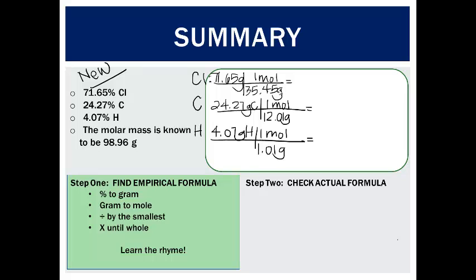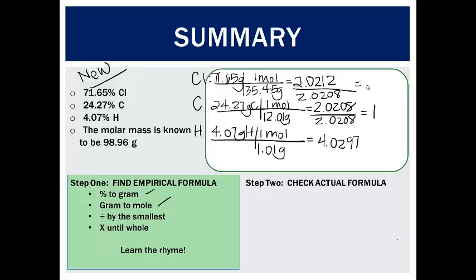Alright, so we put these in our calculators, and remember, you're going to want to record your answer to 4 decimal places. Alright, I get these 3 numbers. We have done percent to gram, gram to mole, divide by the smallest. So we look, the smallest number is this 2.0208, which will give us 1 when we divide. This number is going to give me very close to 1, so we're going to call it 1.